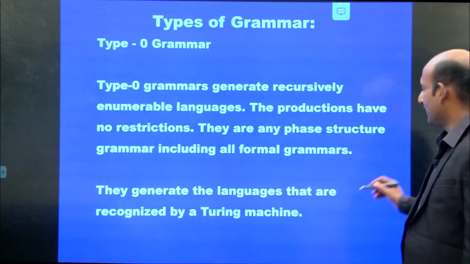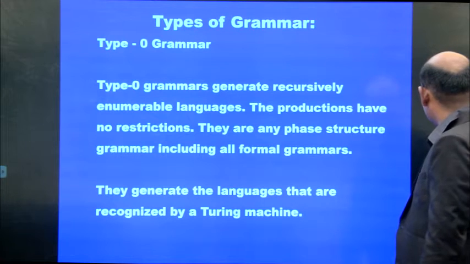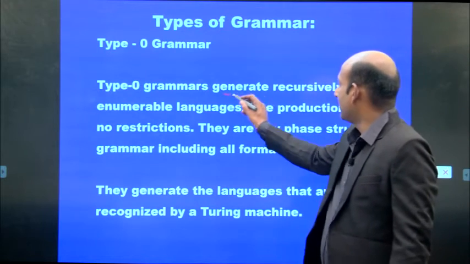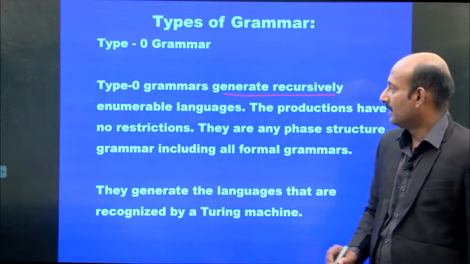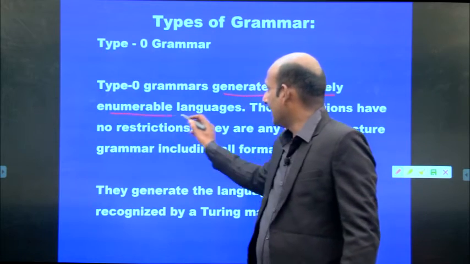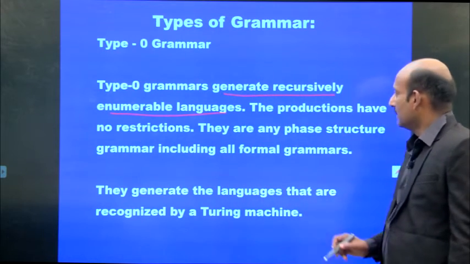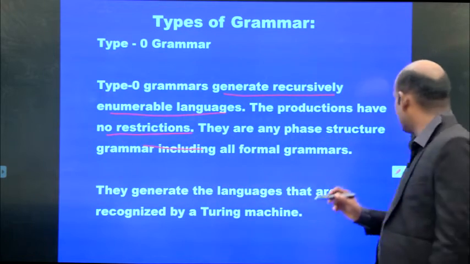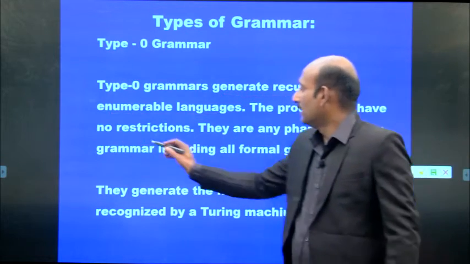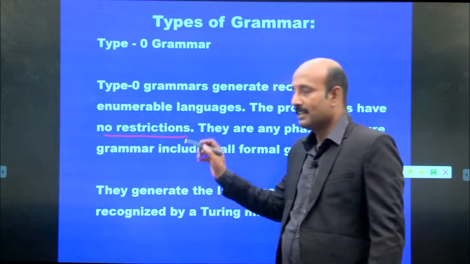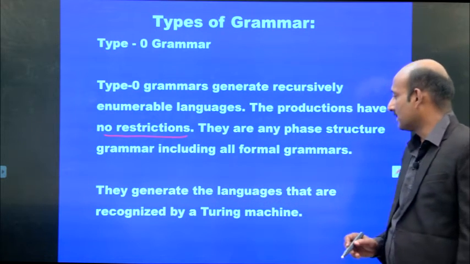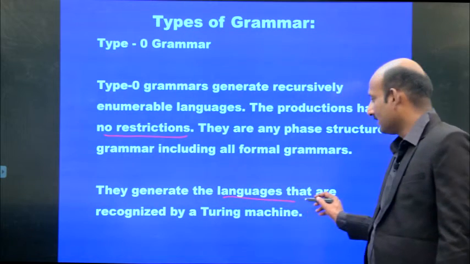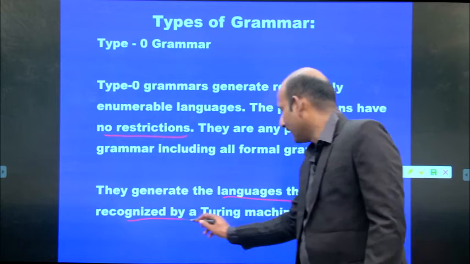First, type 0 grammar. This type 0 grammar generates recursively enumerable languages. And the main thing is that there are no restrictions. No restrictions in the sense that, on both the left hand side and right hand side of the productions, there are no restrictions. They generate the languages that are recognized by Turing machines.